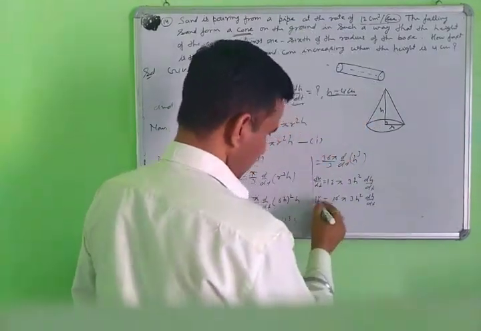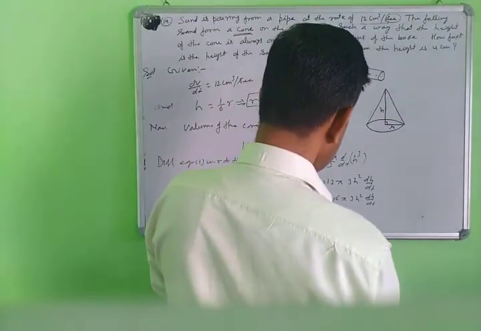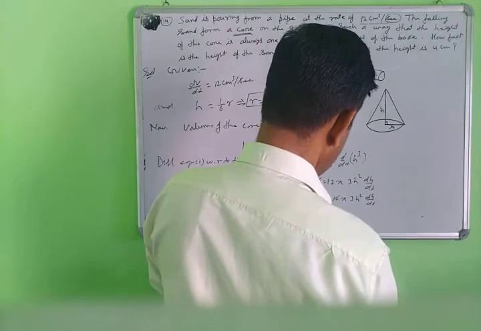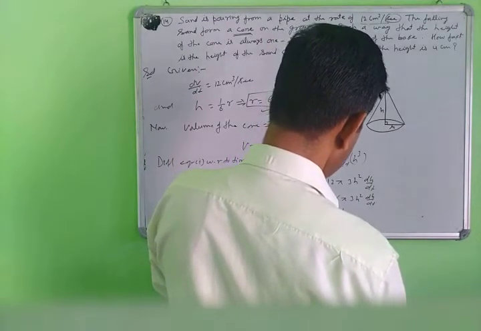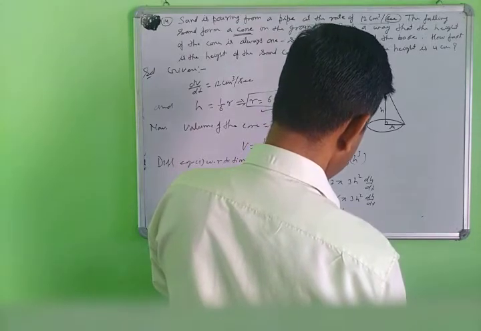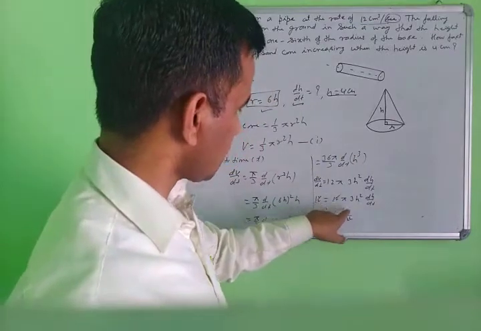Now 12 cancels with 12, so 1 equals 3 pi h square times dh over dt. Then dh over dt equals 1 upon 3 pi h square, as the 3 pi h square moves to the denominator on the right side.